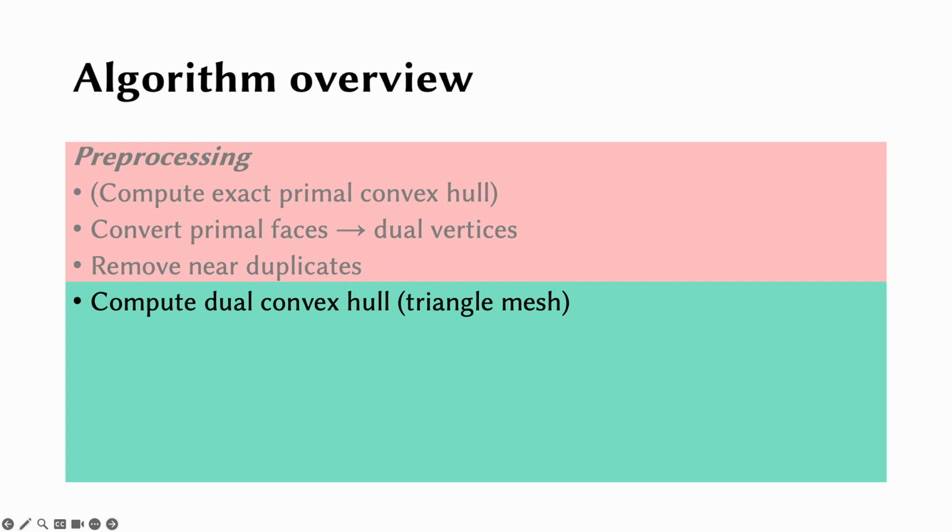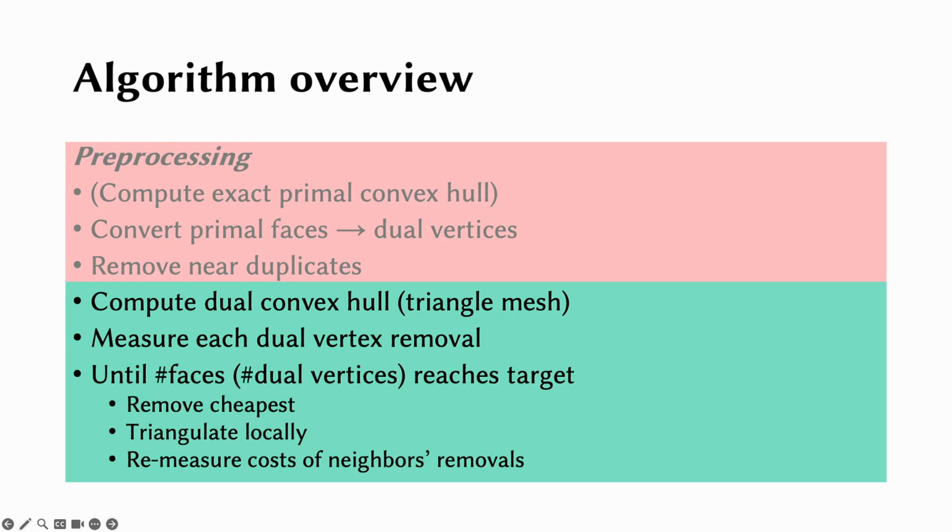Then we triangulate that thing. I run a convex hull algorithm once on all those vertices in the dual space. That gives us a triangle mesh. We basically pretend to do each vertex removal, measure each one, put that in a big queue, and then start processing them. Every time I actually do a dual vertex removal, I need to update the cost of my neighbors because the triangulation has changed.